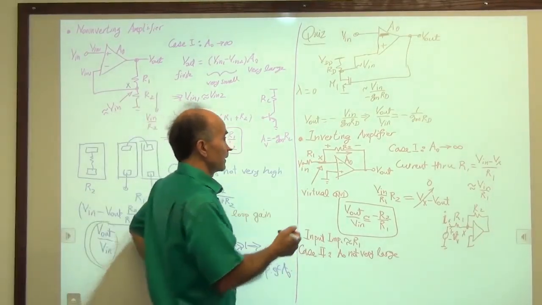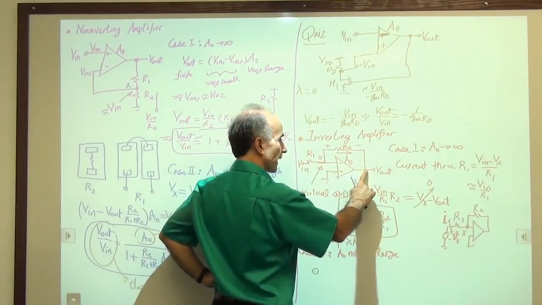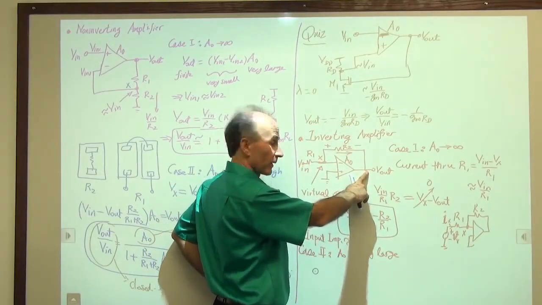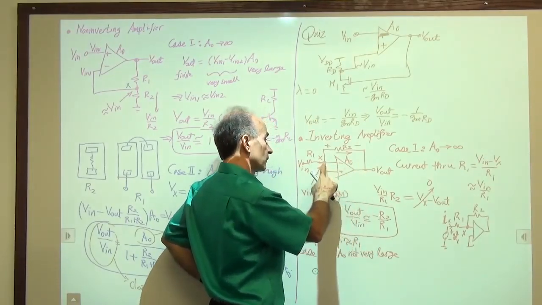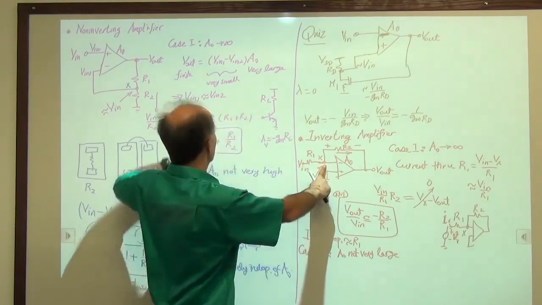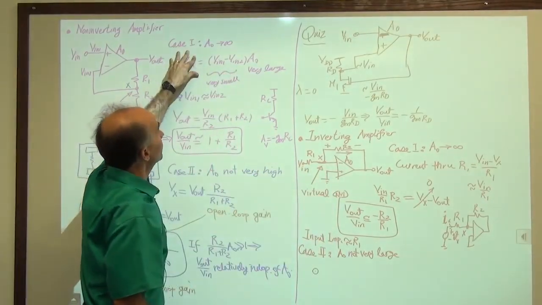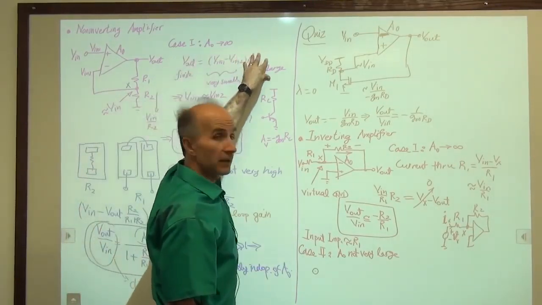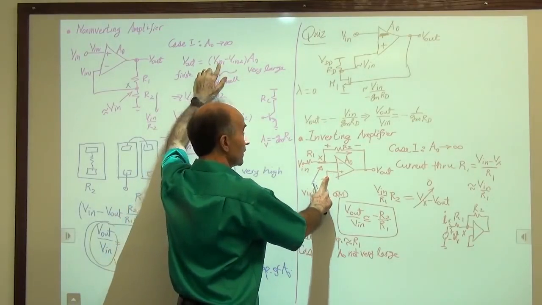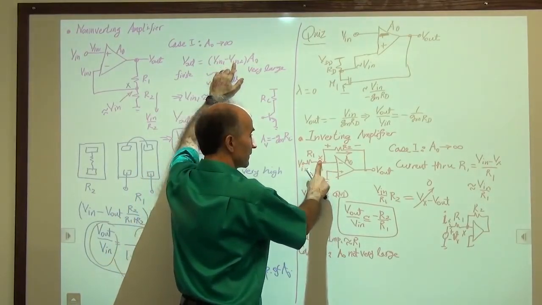All right, let's call this Vx. If we have a voltage Vout here, and let's say we know how much it is, can I predict this voltage? Yes, because going back to the fundamental equation, we call this Vout, we have the gain A0, we have Vin1 equal to 0, so we can find minus Vin2, which is Vx.